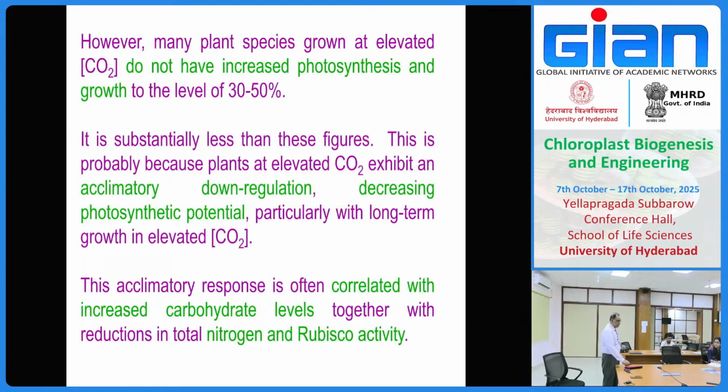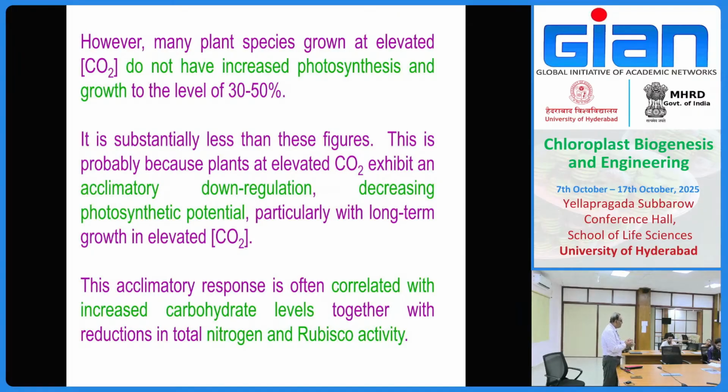Why does that happen? When you have more carbon dioxide in the atmosphere, less oxygenation and more carboxylation, the plant thinks, why should I invest so much of my energy in one protein called Rubisco?